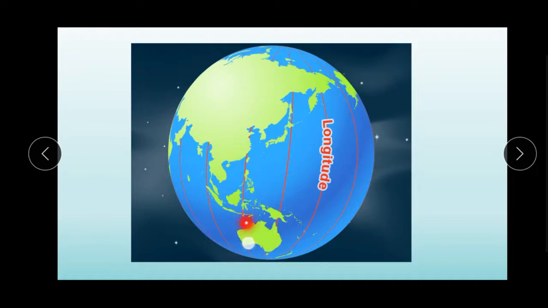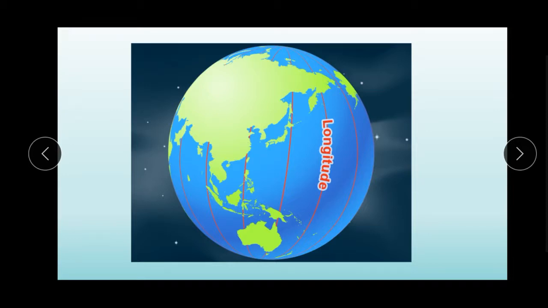These are the longitudes. Next, what is the second point we have seen? The space and the distance between longitudes are measured in degrees of longitude. Now, have you all understood?